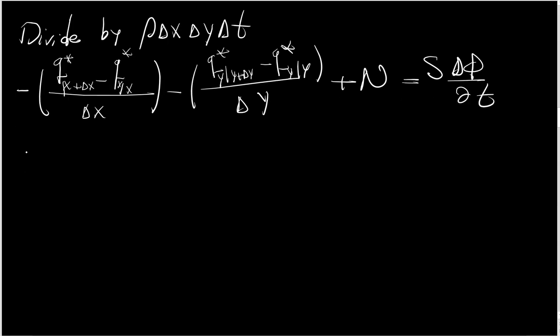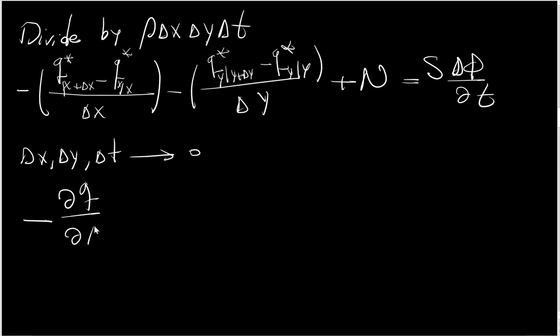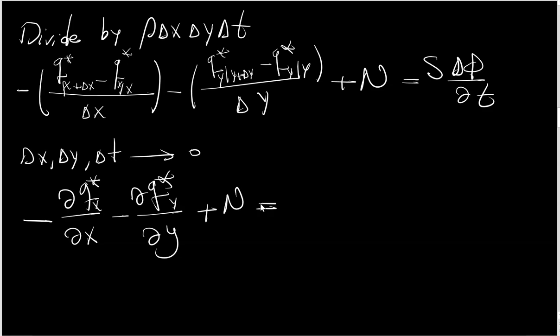Now, if you let delta x, delta y, and delta t go to 0, you can convert this and use the partial symbol. So you can say that this will be negative partial q star over partial x, negative partial q star in the y direction, plus n equals s partial phi partial t.